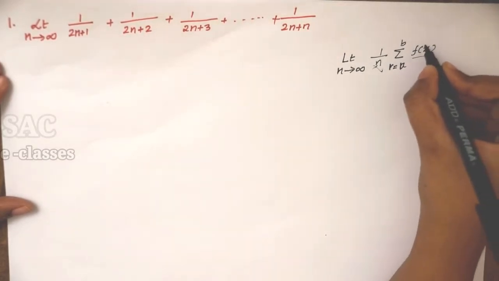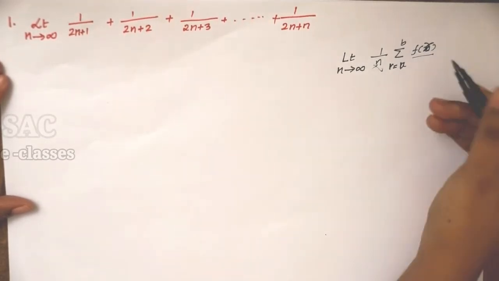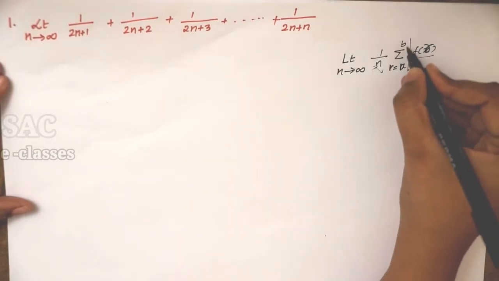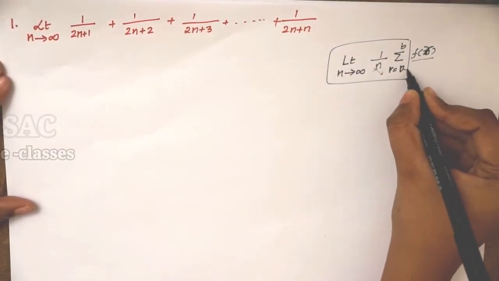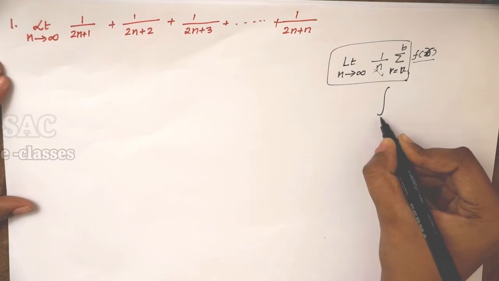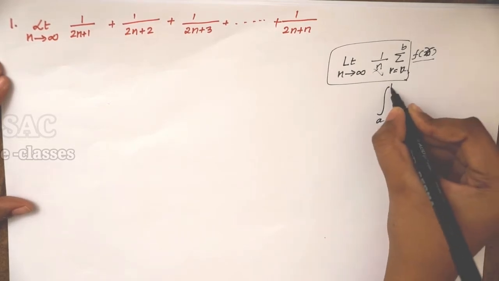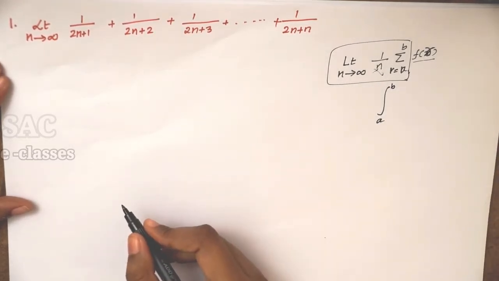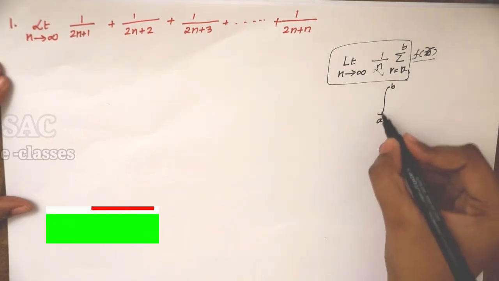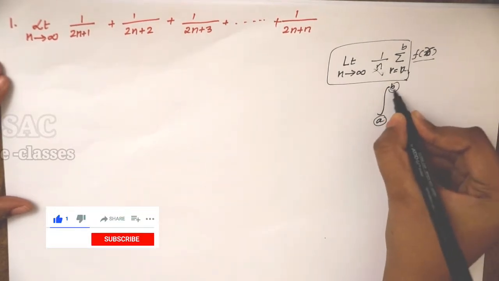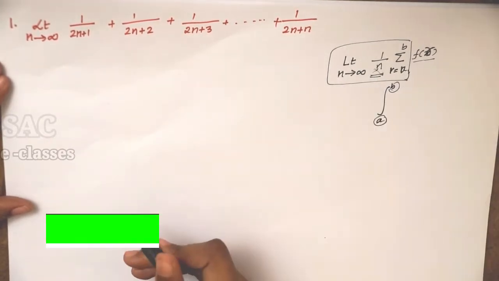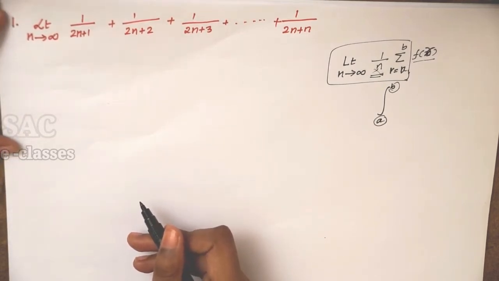It may also be in terms of r. Now this total will be removed and converted into integration with the limits a to b. That is our topic now, or maybe based on the value of n.